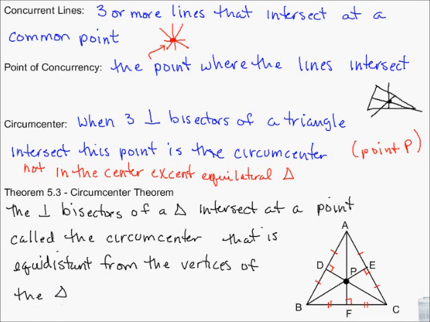Now, if you were in the center of the triangle, you would be equidistant from the sides. The circumcenter is equidistant from the vertices.